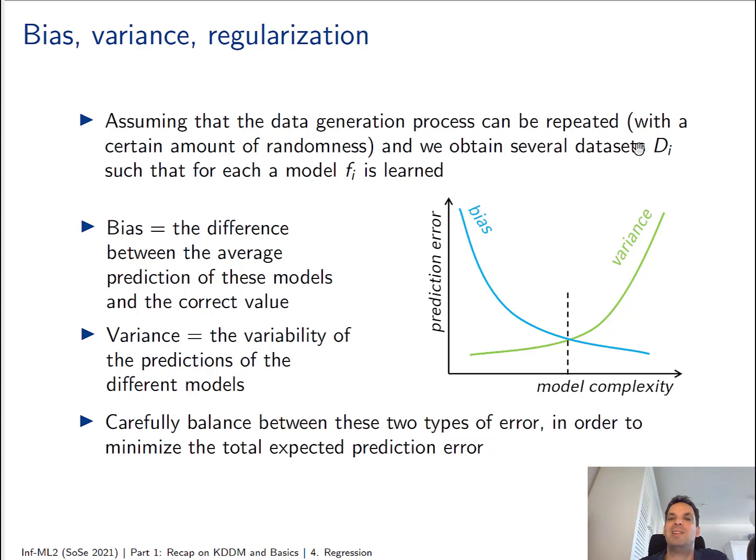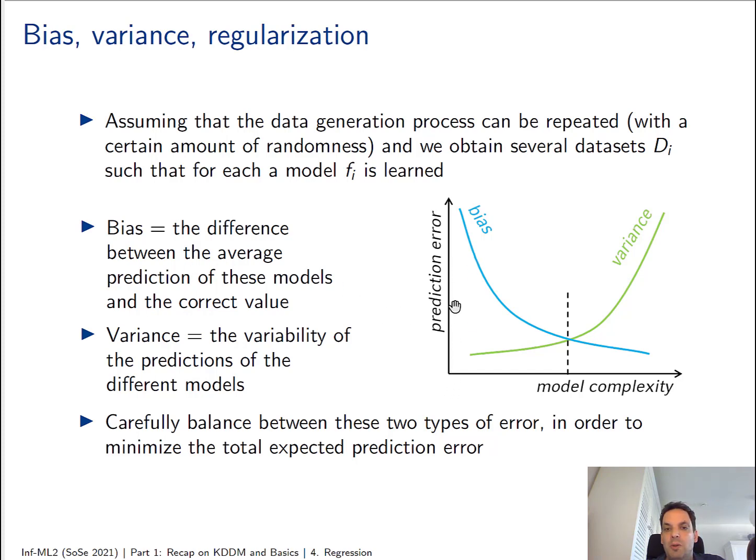So they are not exactly the same observations. So we will probably have a little bit of variance if we compare the outputs of the different models that we learn on the different data sets. And both are kinds of types of errors you see here.